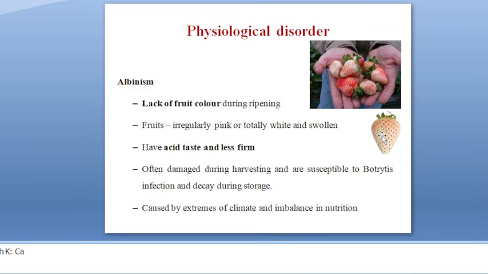It is mainly because of improper application of nutrients, like N should be applied in different split doses. Suppose if we are not applying the N properly, that also leads to this problem.